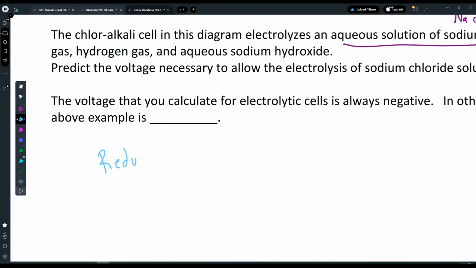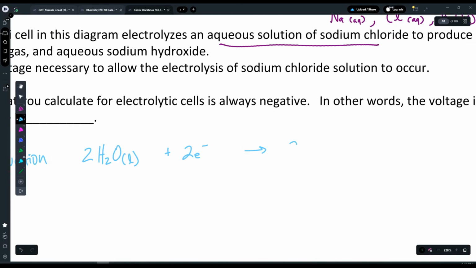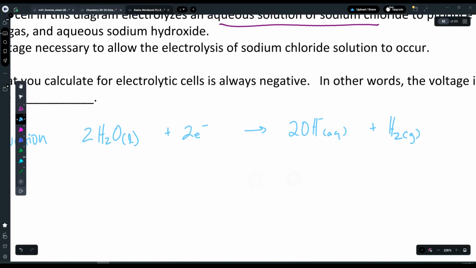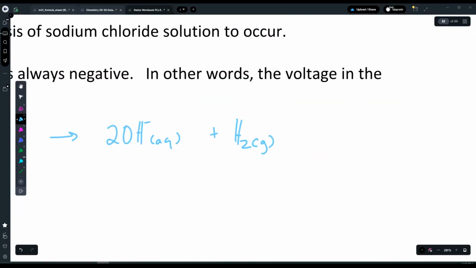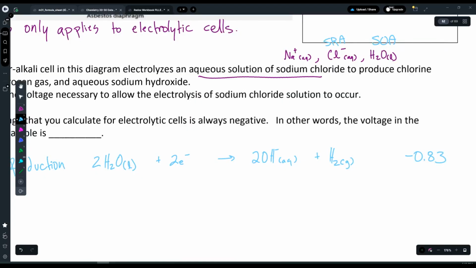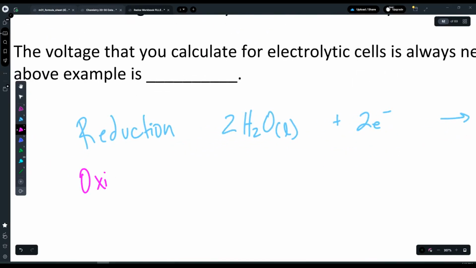So I'll put the reduction reaction first. Okay, and the electric potential for that is negative 0.83 volts.